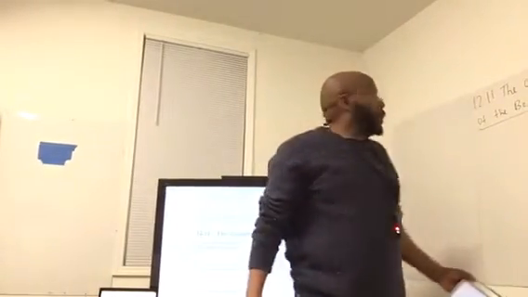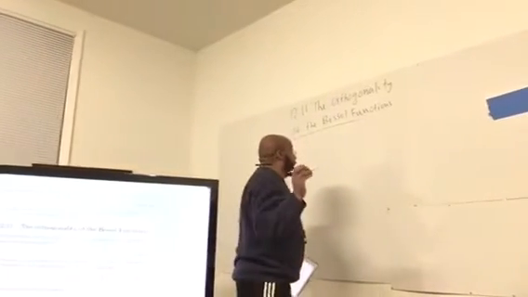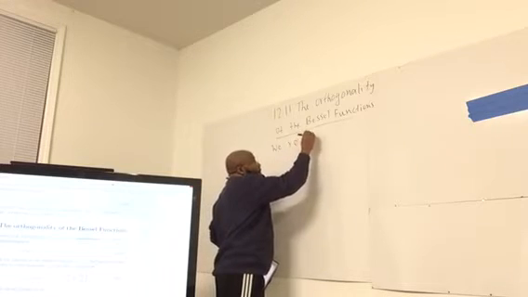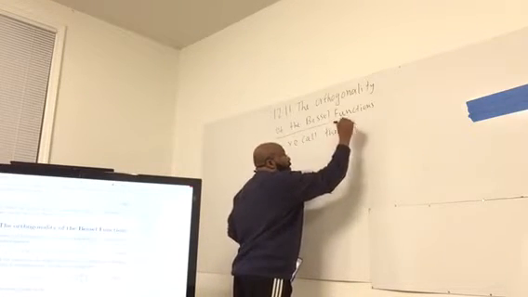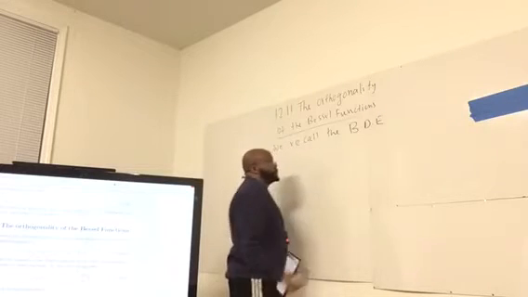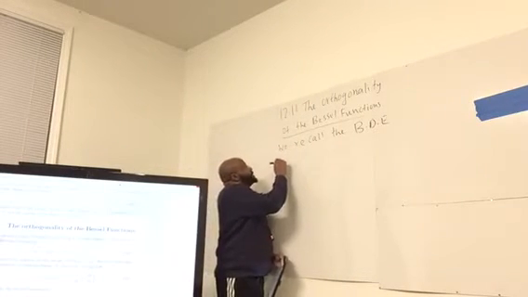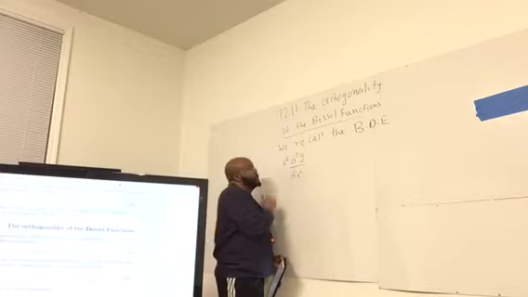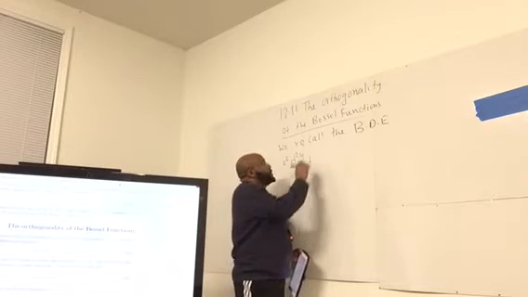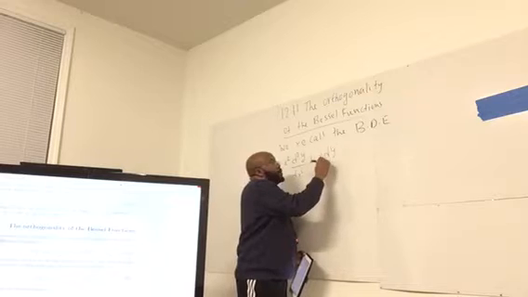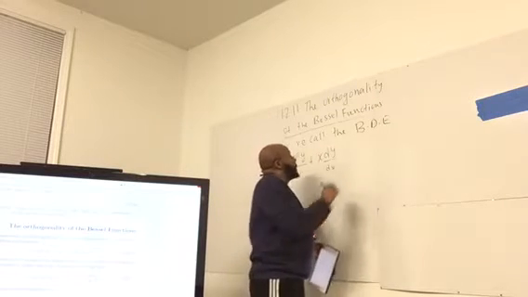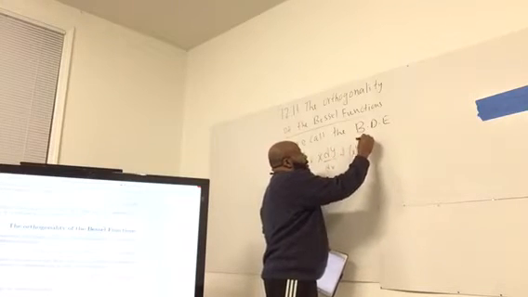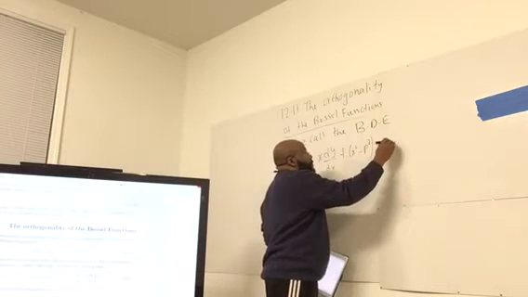So we recall the Bessel differential equation, which is given by x squared d squared y by dx squared plus x dy by dx plus (x squared minus p squared) y equals 0.